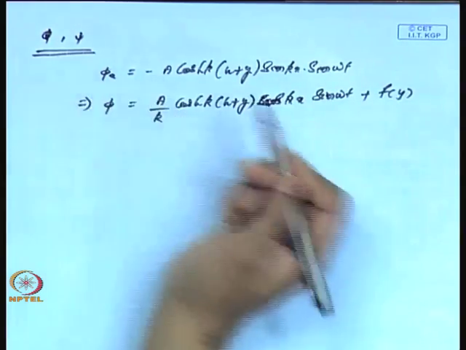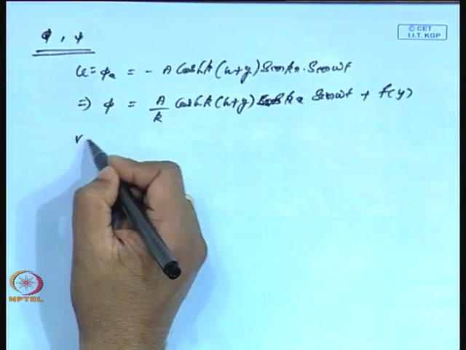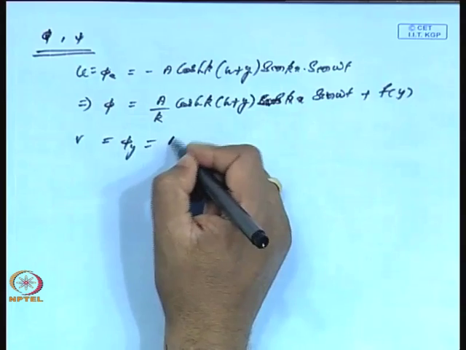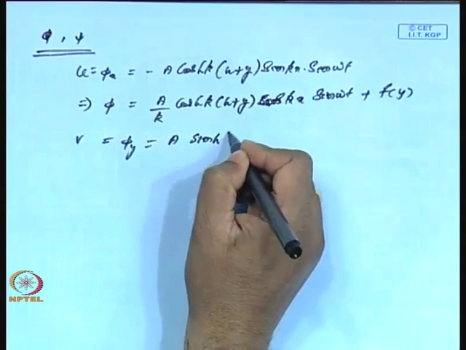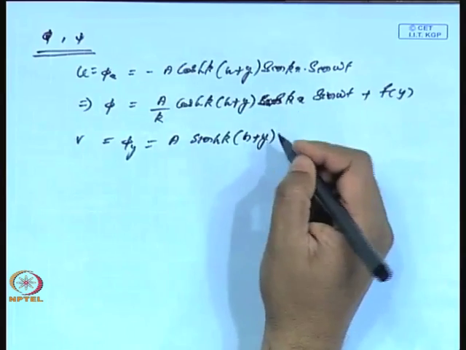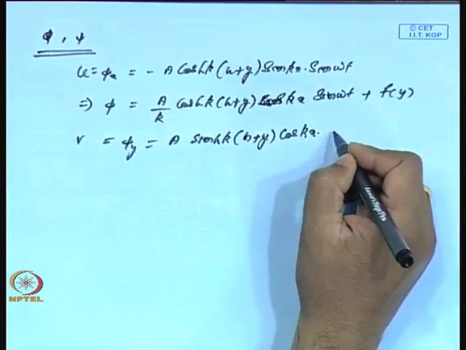Again, u is equal to phi x. Further, v is equal to phi y, which is already given to us, that is a sinh k into h plus y into cos k x sin omega t.